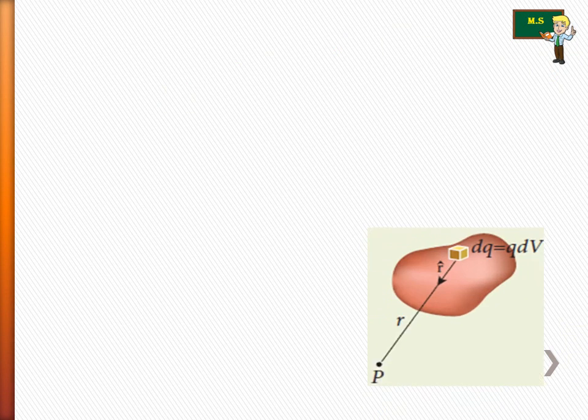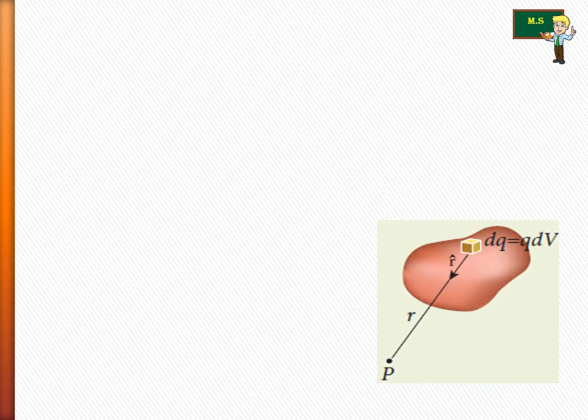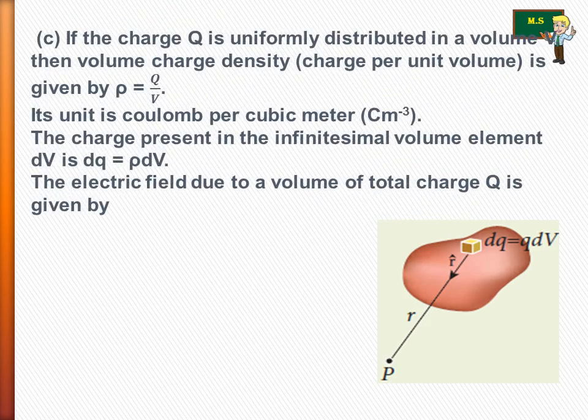Last and third one is about this continuous charge distribution. This is an irregular volume in which we are going to find the continuous charge distribution. Now, if the charge Q is uniformly distributed in a volume, because we don't know the exact shape, we are going to find the volume charge density.